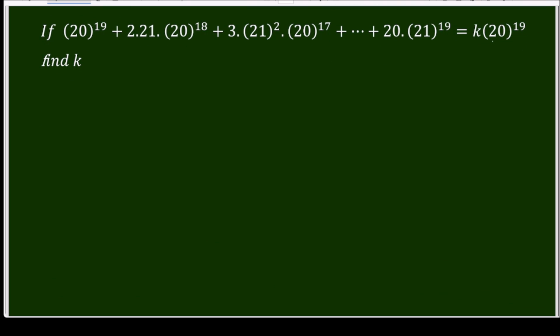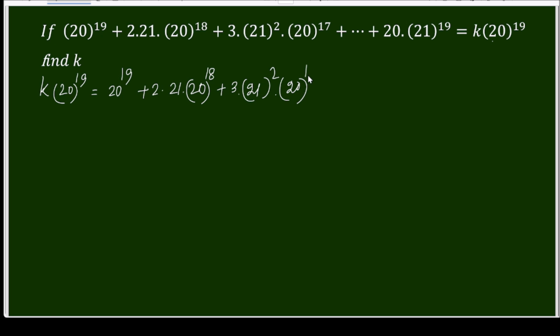So let us rearrange this equation. On the left side I'll write k into 20^19, equals 20^19 + 2 × 21 × 20^18 + 3 × 21² × 20^17, up to the last term, which is 20 × 21^19.